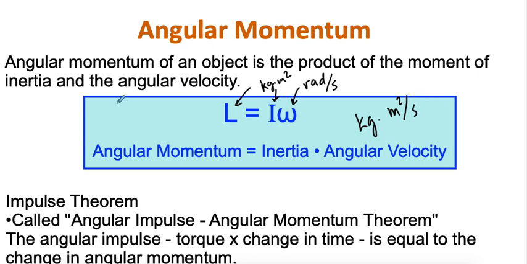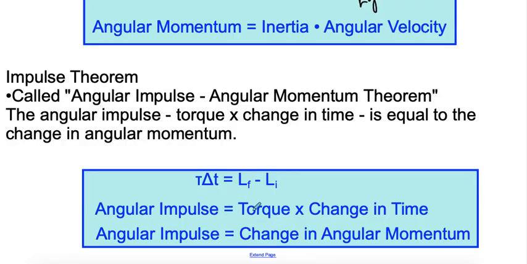So if we take our angular momentum, we know that like in our last scenario, we're going to have an angular impulse. So the impulse theorem, the angular version, is called the angular impulse angular momentum theorem. Okay, so that now involves torque. So it's torque times change in time equals change in angular momentum.